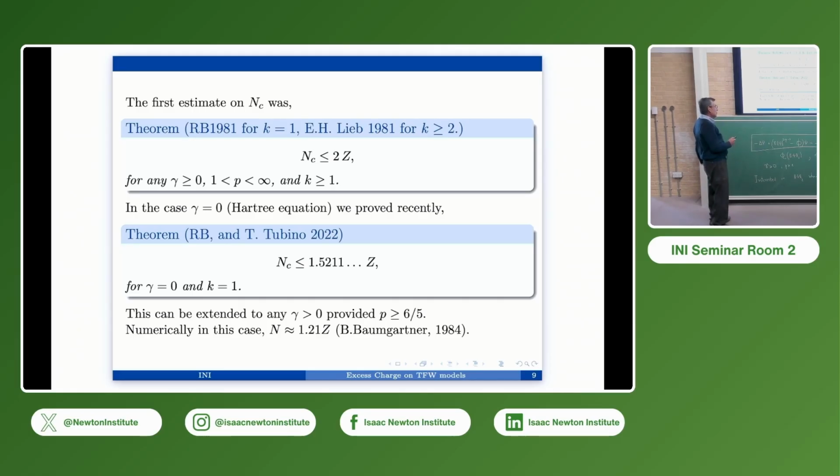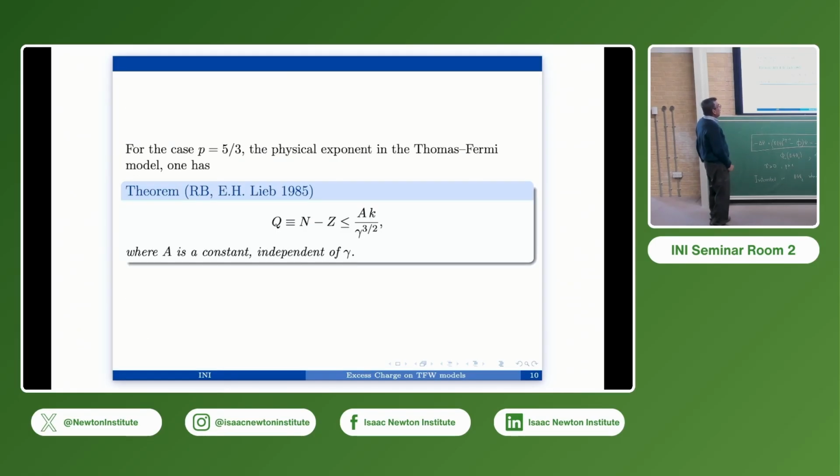Okay. And in 1985, with Elliott Lieb, I proved that the excess charge in the P equal 5/3 case, the difference between the number of electrons and the charge of the nuclei, is bounded by this constant.